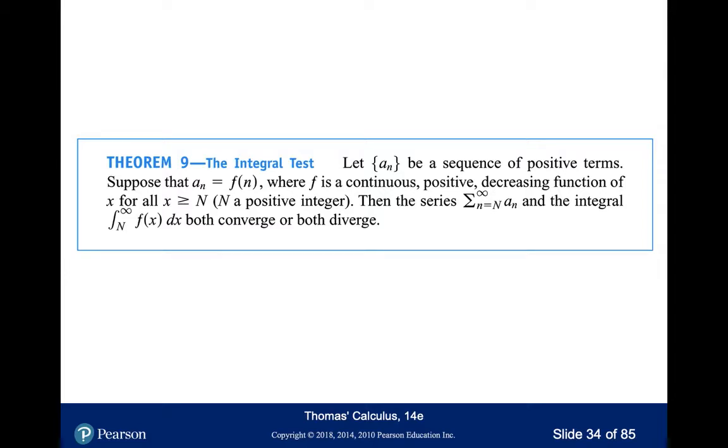It says for all x bigger than n, where n is some positive integer. Those are the criteria of the test. If those criteria are met, then we can integrate the function, and the function and the series either both converge or both diverge.